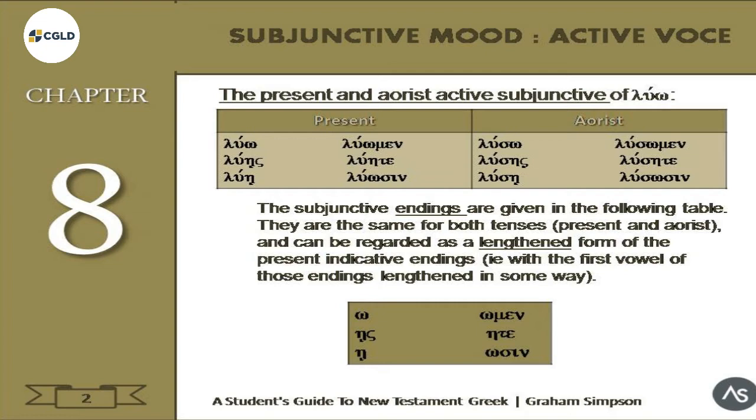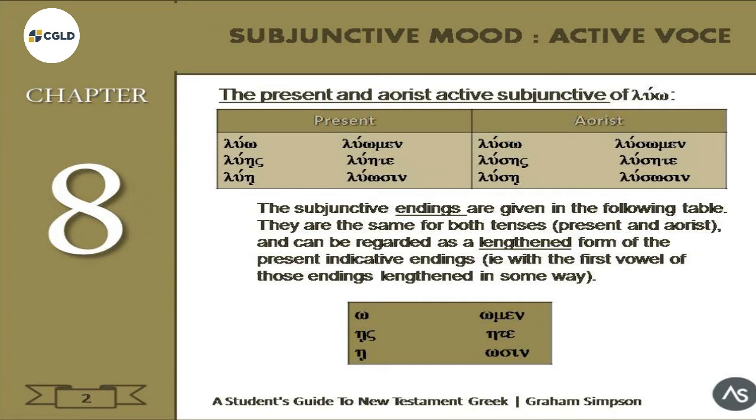In the aorist subjunctive: luso, lusomen, luses, lusete, luse, lusosin.